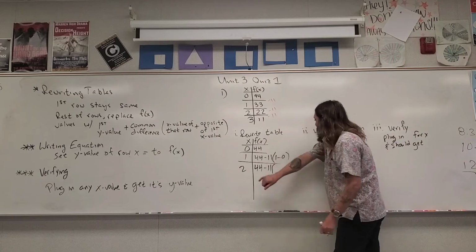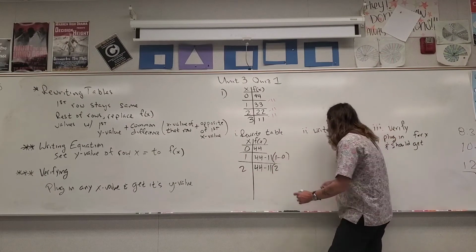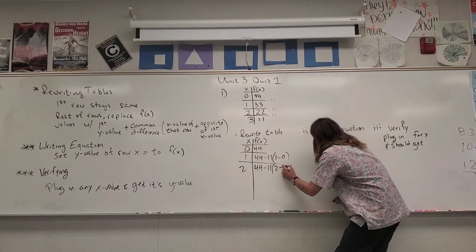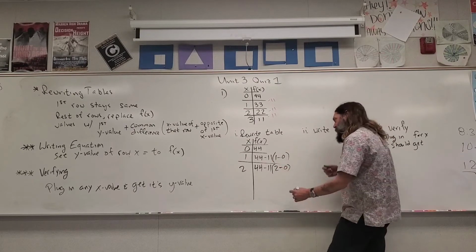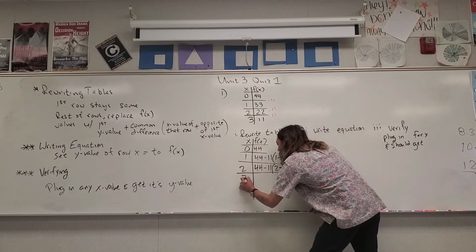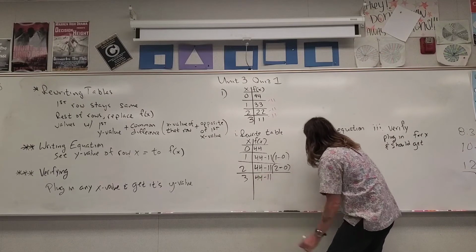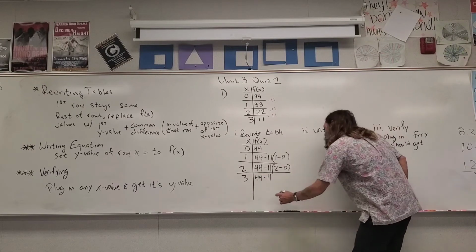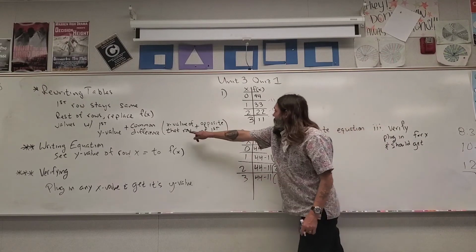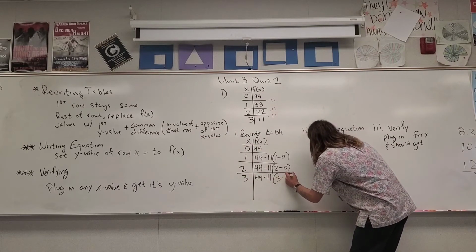Parentheses, x value of that row, so it's 2, and then plus the opposite of the first x value, so it's minus 0. Let's do this for the third row. So my first y value minus my common difference, parentheses, x value of that row, which is 3, minus 0.